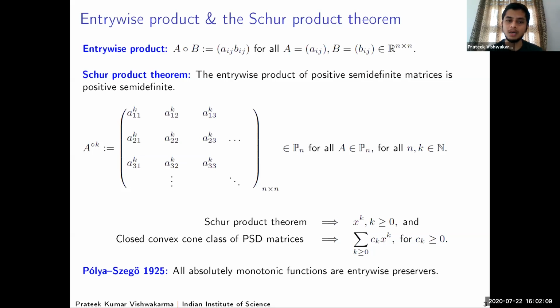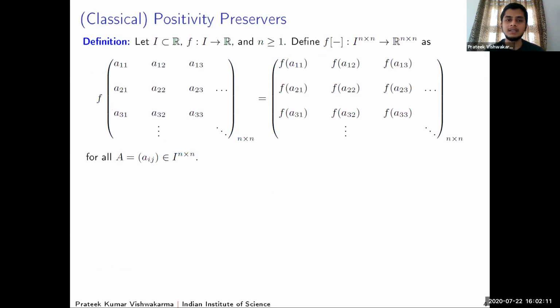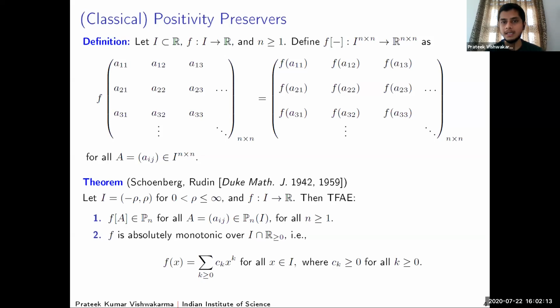It was not very long after Pólya and Szegő that Schoenberg proved that there are no continuous, non-absolutely monotonic entry-wise positivity preservers. This result of Schoenberg was later improved by Rudin, in which he removed the continuity assumption of Schoenberg and showed that the class of entry-wise positivity preservers coincides with the class of absolutely monotonic functions.